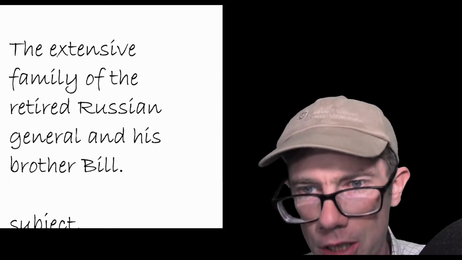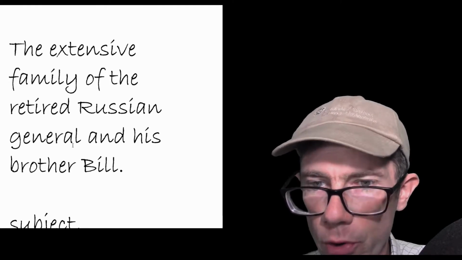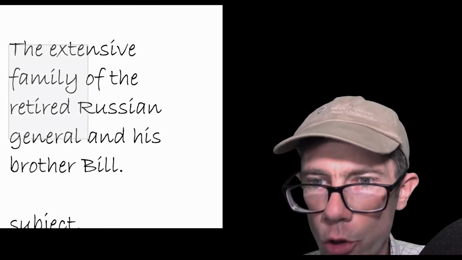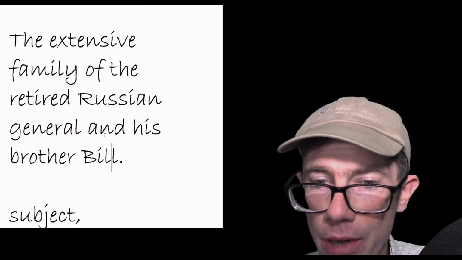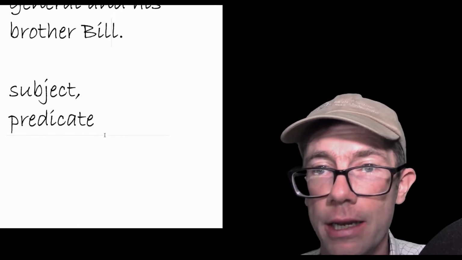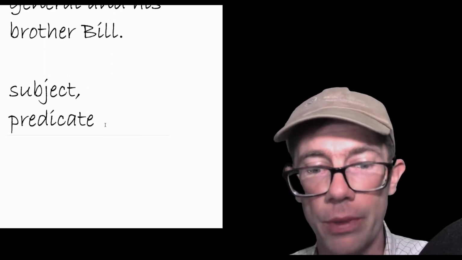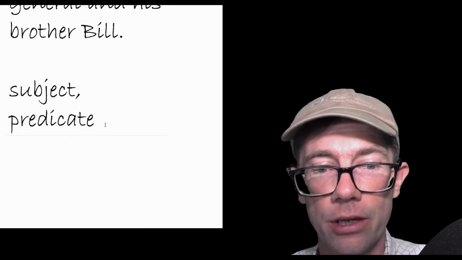It's a long subject, many letters long, but there's no verb. The subject, who we're talking about, is there, but what is missing is the predicate. All right. What do we call a sentence that is either missing a subject or a predicate? The answer is it's called a sentence fragment.